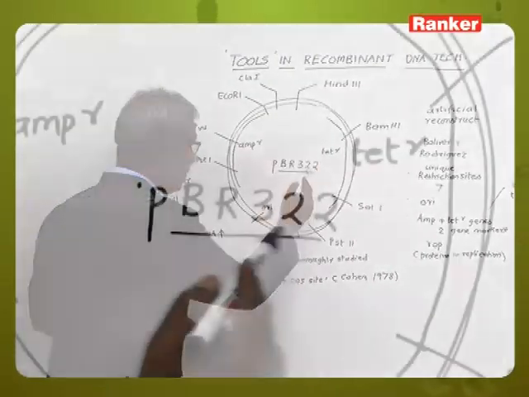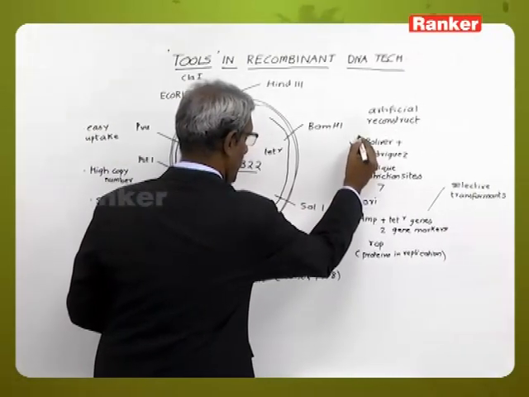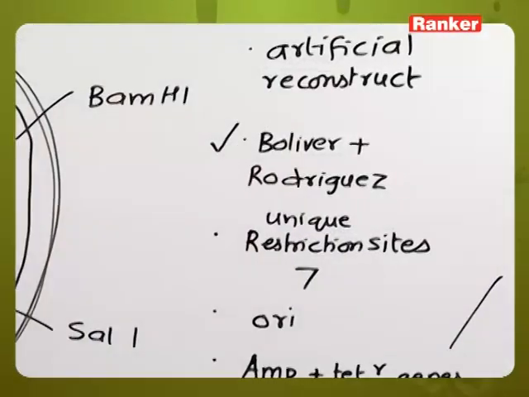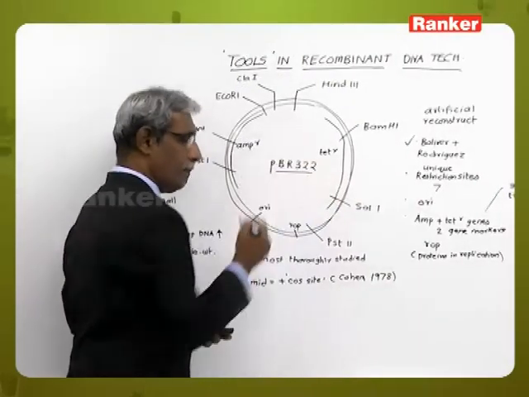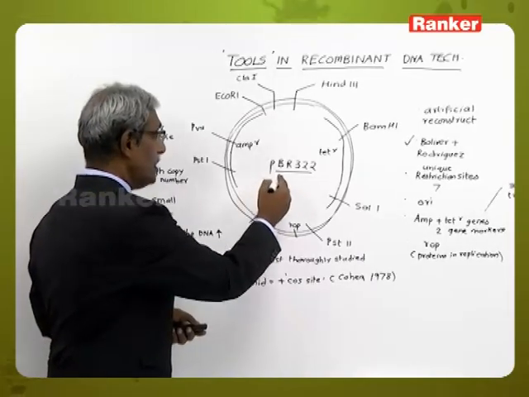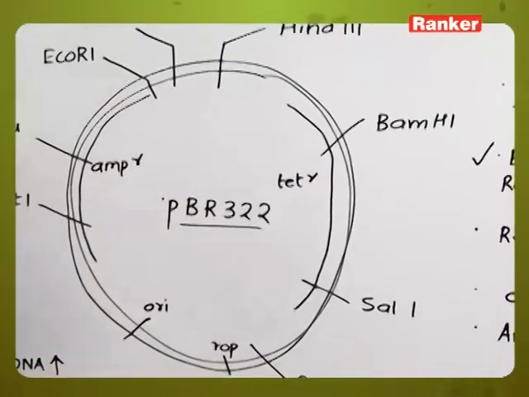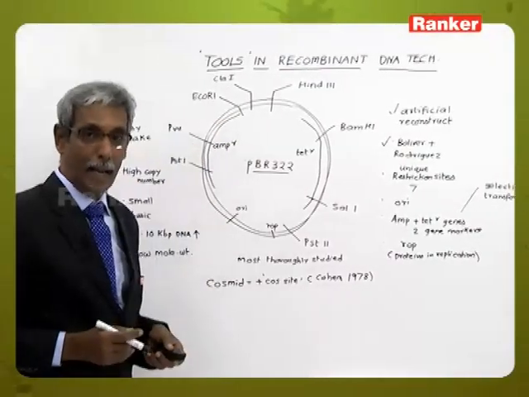Now, pBR322 is a cloning vector which has been constructed by Bolivar and Rodriguez. They were two important scientists who primarily constructed the artificial plasmid which is termed as pBR322. So, it is an artificial construct, that is, it has been made in the lab.